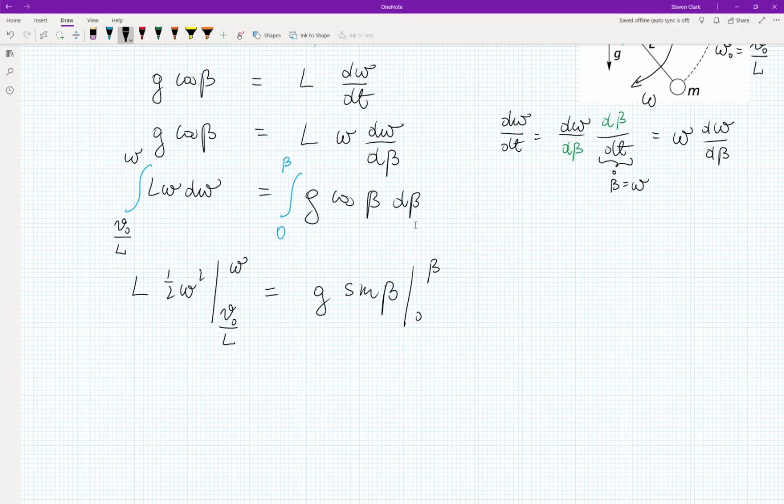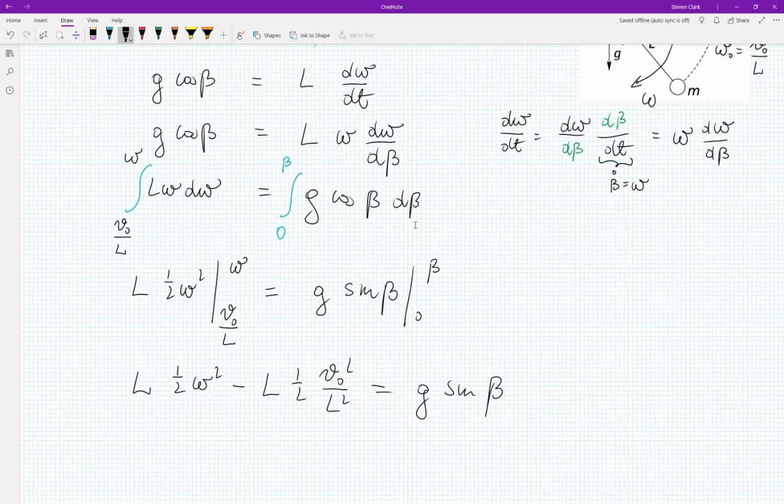Okay, so let's plug this in the integration bounds. And we will end up with L 1/2 omega squared minus L 1/2 V0 squared over L squared. And this is equal to g sine beta.